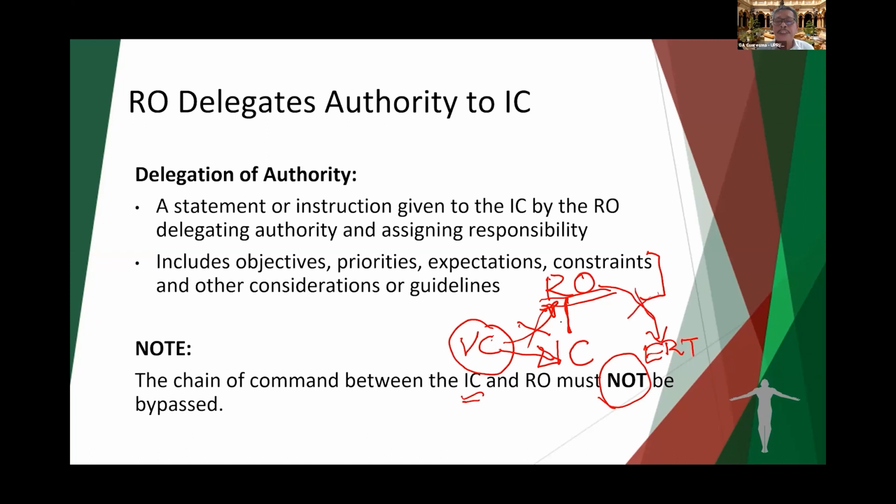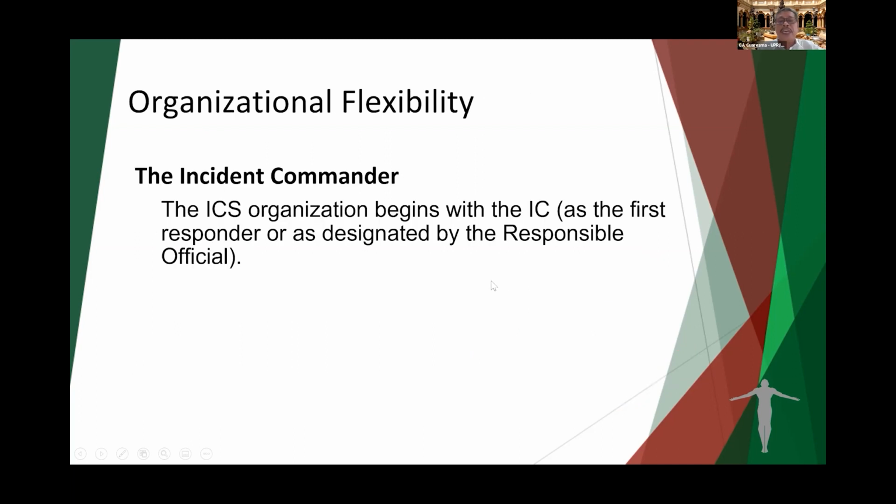So the responsible official has to go through the incident commander, and the incident commander to the operations section chief, and then to the emergency response teams. Now, the ICS organization begins with the incident commander being the first responder or as designated by the responsible official.